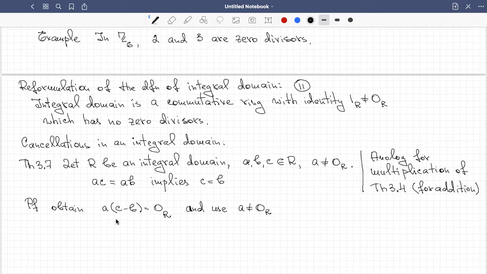In the integral domain, the product of two elements A and C minus B is 0, A is not 0, so C minus B must be 0 by the definition of integral domain. So C minus B is 0 means exactly C equals B. That is a very rough outline of the proof.